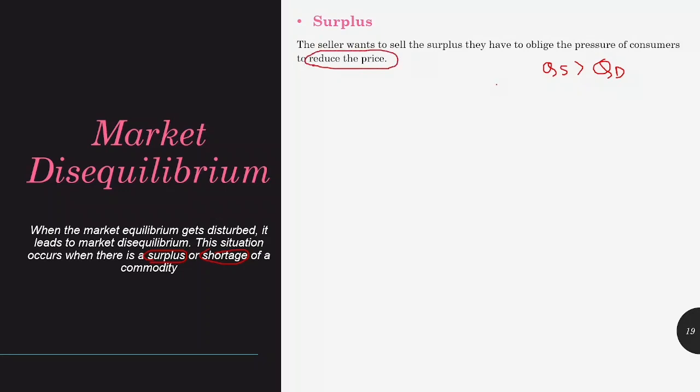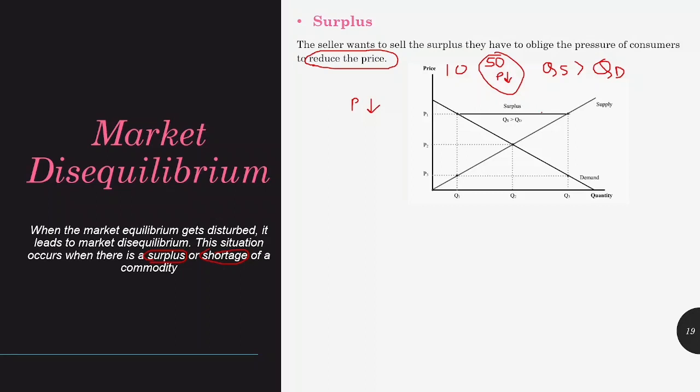Now suppose a consumer wants 10 pens, but I have 50 pens. So how will I make the consumer buy them? I'll reduce the price of those 50 pens so that he can purchase all of the 50 pens I have. So similarly, when this happens, it reduces the price. And then again, an equilibrium is established.